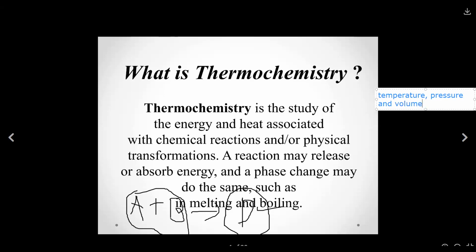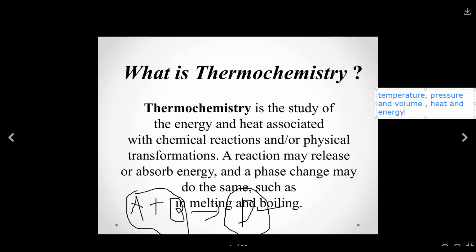It includes the study of volume, heat, and energy. So in thermodynamics or thermochemistry, it usually deals with temperature, pressure, and volume, as well as heat and energy.